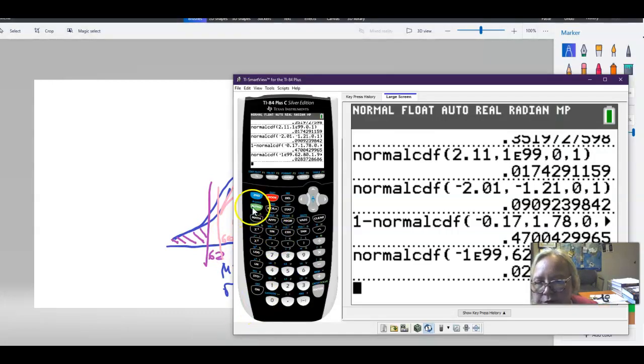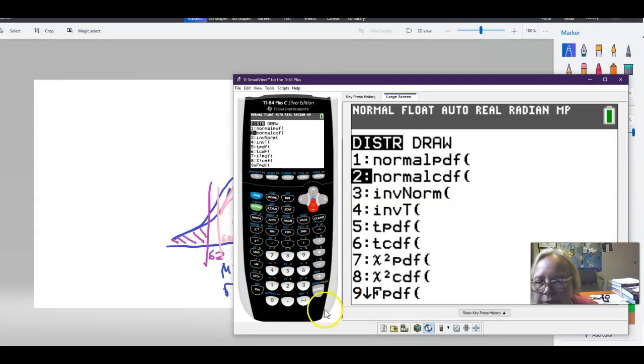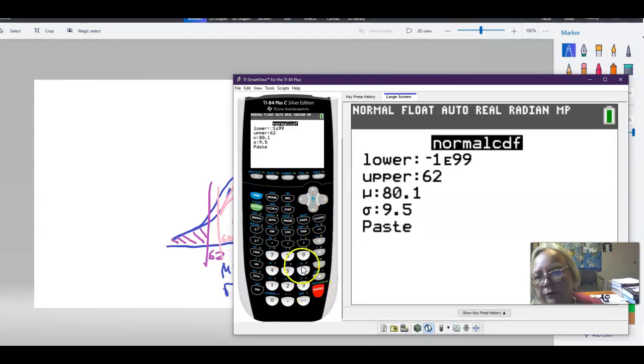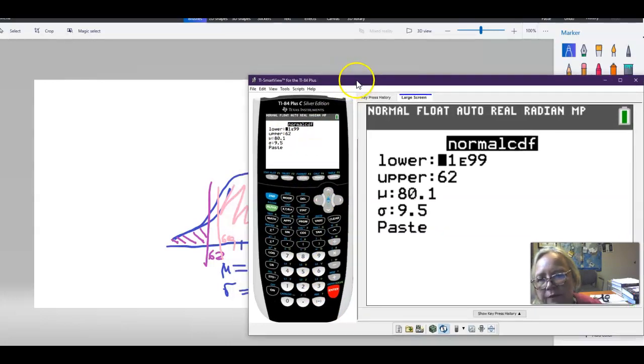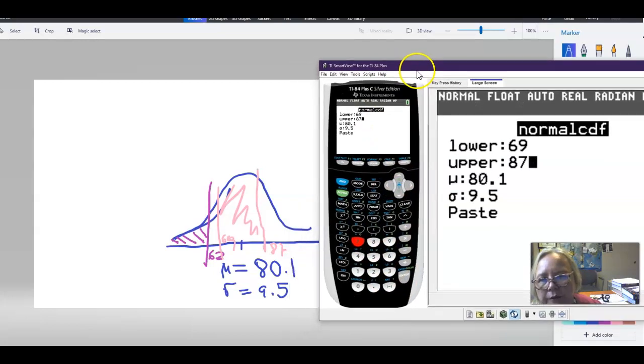Once you're already in this command, the good thing is that your mean and standard deviation are saved. So we just need to change the lower and upper values and recalculate the result.